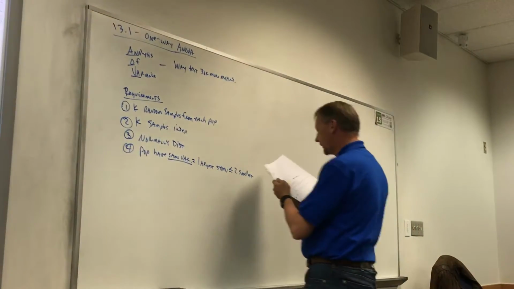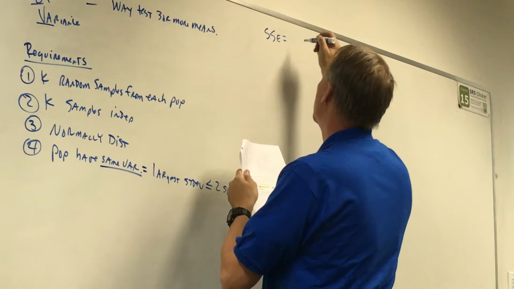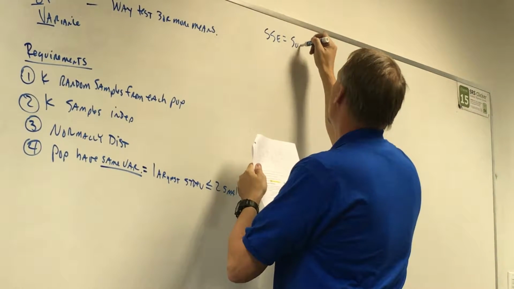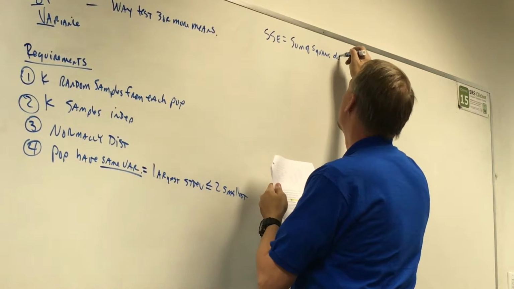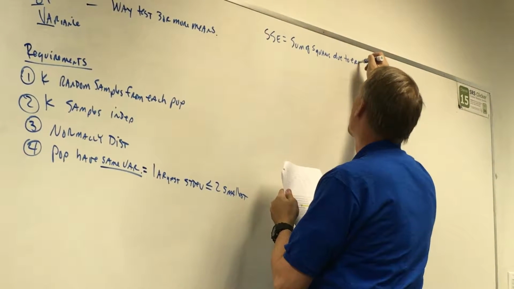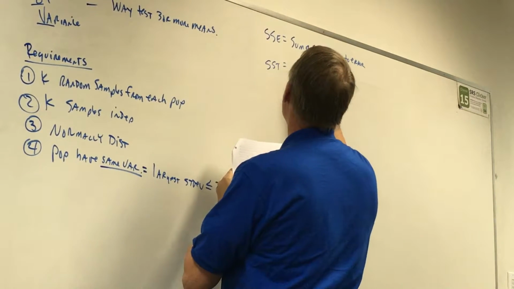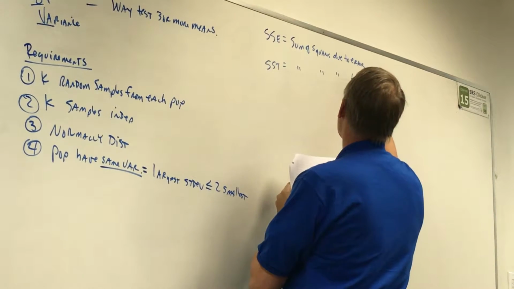The first one I want to describe is the SSE, which stands for the sum of squares due to error. And then I want to describe the SST, which is the sum of squares due to treatment.